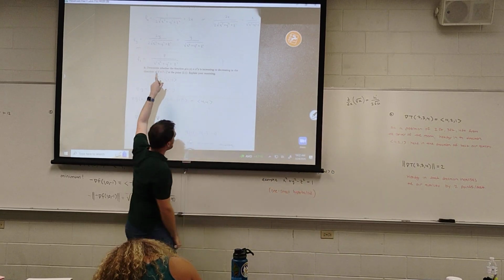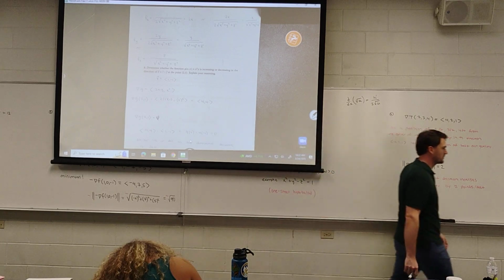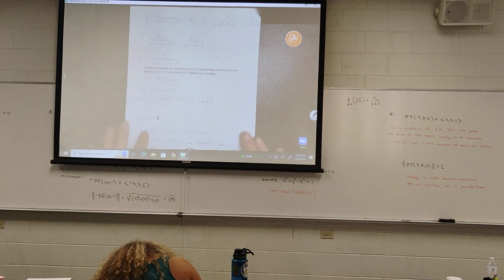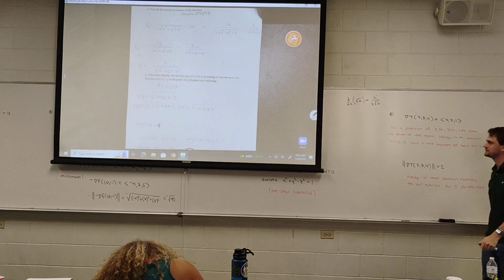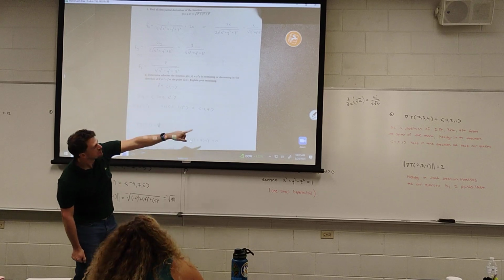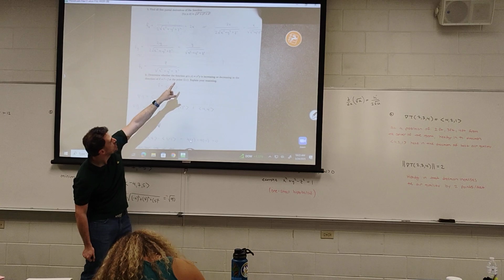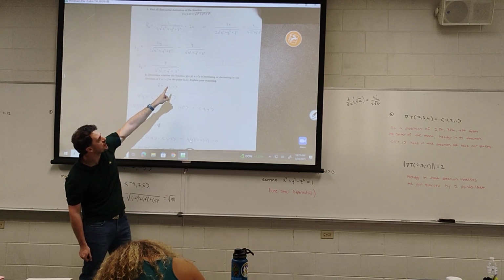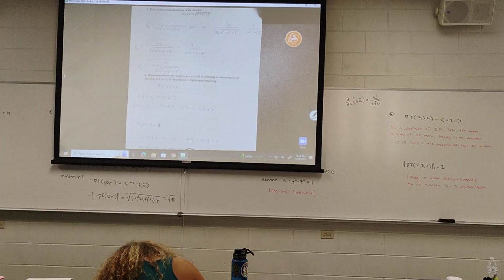You can think of that as 1 over 2 times the square root of whatever's on the inside, times the derivative of the inside with respect to x, so 2x. Or you could recognize it as the derivative of the inside over 2 times the square root of the inside. The 2's cancel out, so I get x over the square root of x squared plus y squared plus z squared.